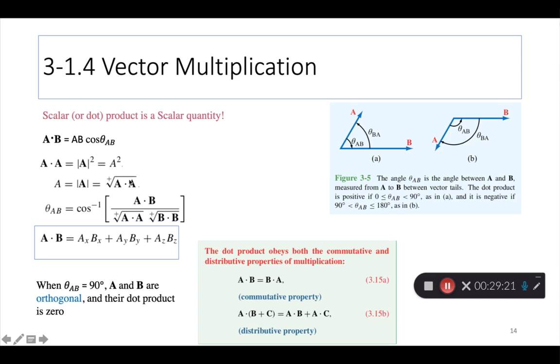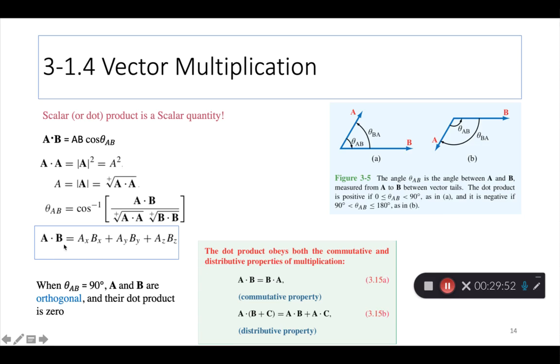The magnitude of A is this. You can derive it. I mean, we know how to do the magnitude, but you can also derive it in this form. More importantly, theta AB between two vectors for which we know the dot product can be derived like this. Okay, and we'll use many of these formulas later on, but for now at least become familiar that they are here and in your textbook, and be prepared to use them.